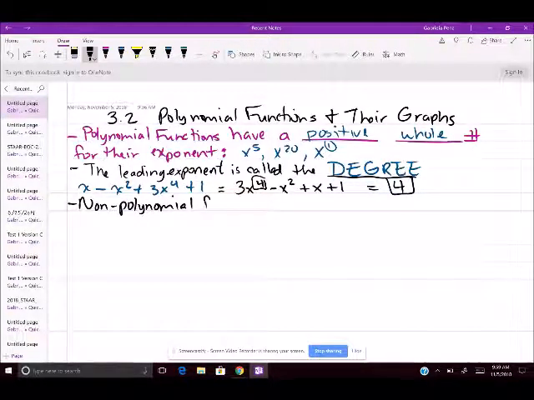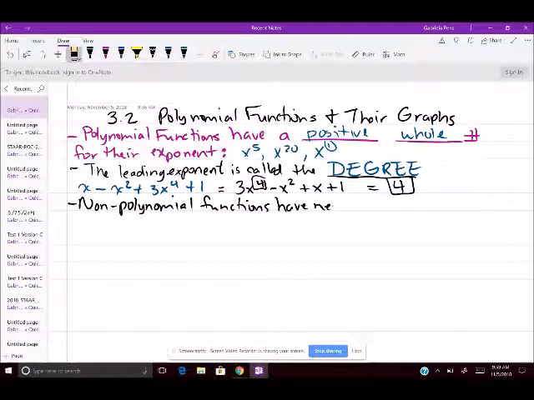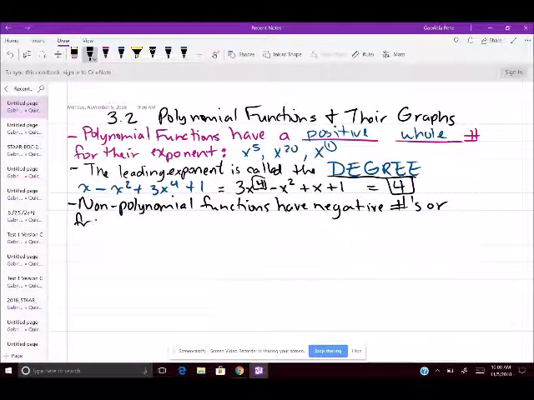Non-polynomial functions have negative numbers or fractions as exponents.